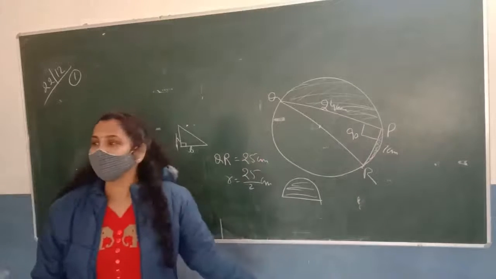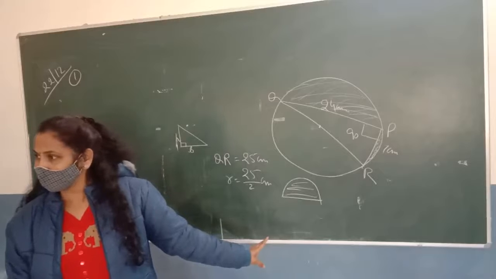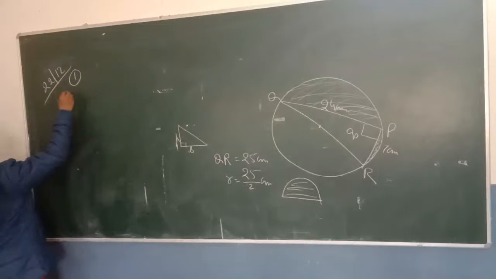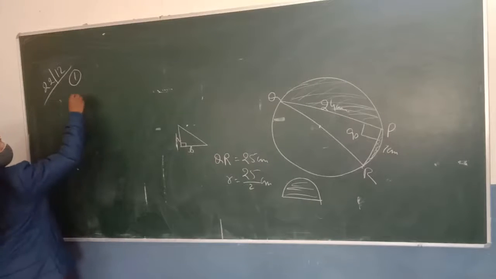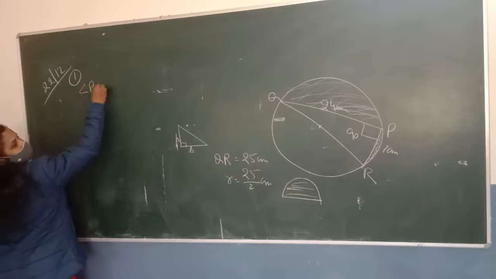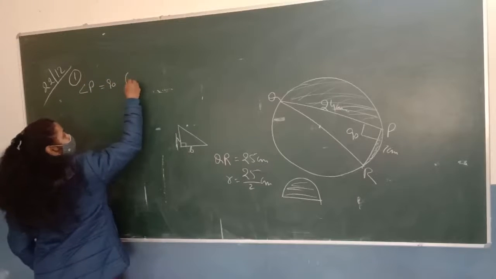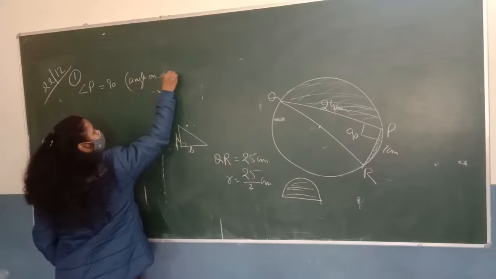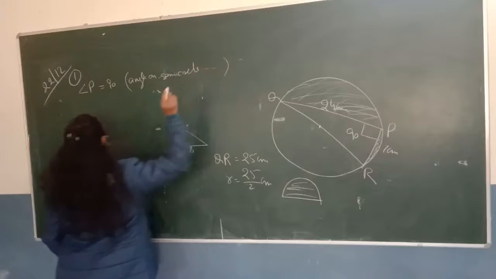Can you do this question yourself? First of all we will find the diameter of the circle. By using the Pythagoras theorem, you will write angle P is equal to 90, and you have to write down here that the angle in the semicircle is 90.